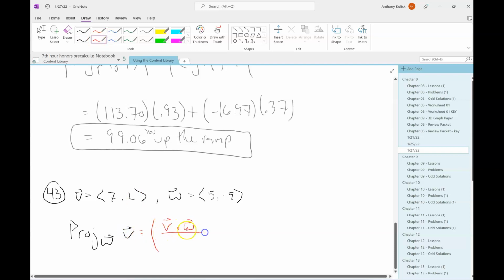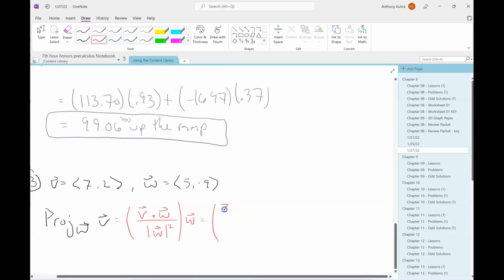So the dot product of v and w divided by the magnitude of w squared times w. So my dot product is the product of the x's plus the product of the y's. W squared is 25 plus 81, or the magnitude of w squared. And then just times w.